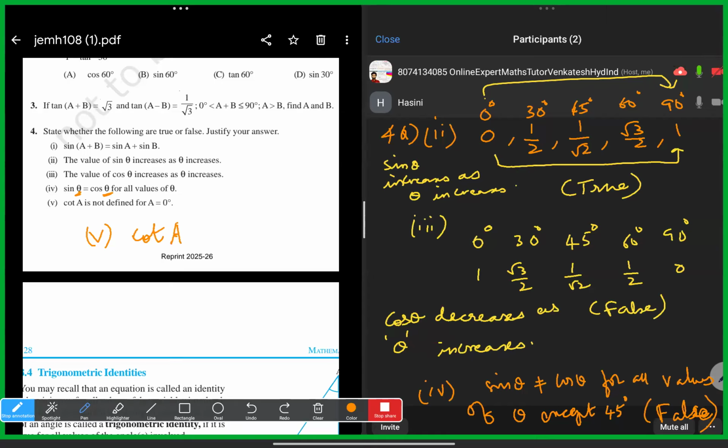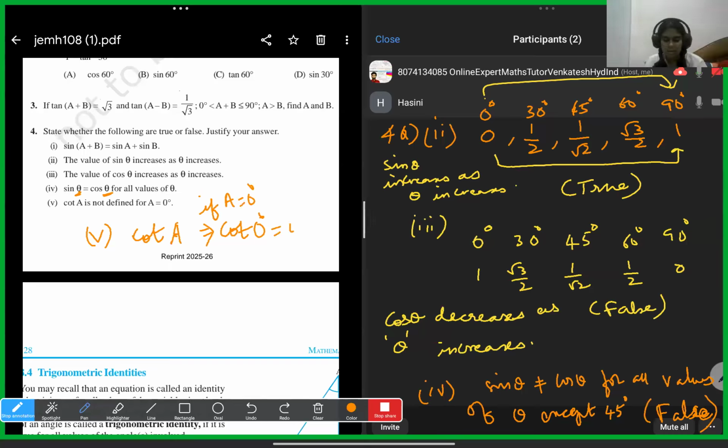Is it correct? Cot 0 is how much, Hasni? It's not defined. Because tan 0 is 0, so cot 0 is not defined. Tan 0 reciprocal is cot 0, no?